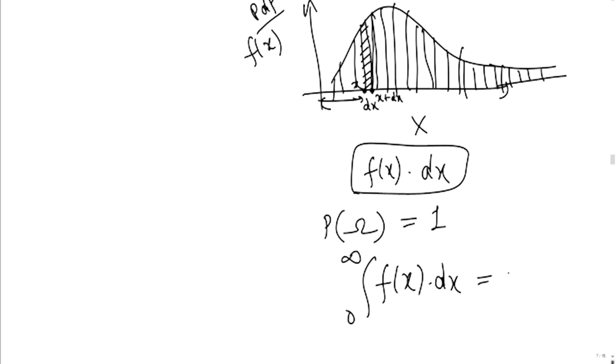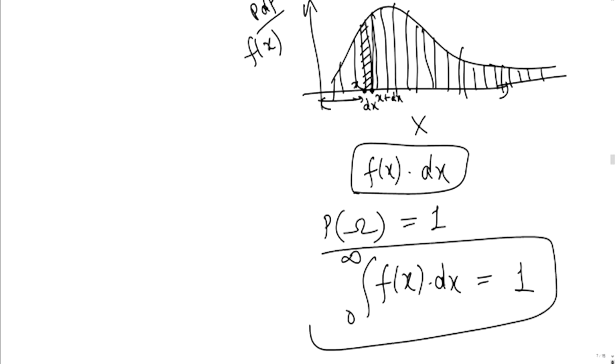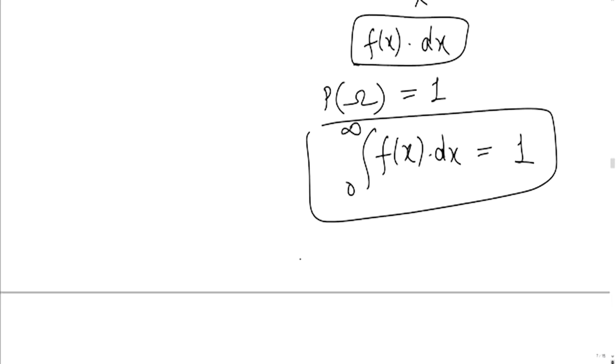This would be equal to 1, and that comes from the second axiom. So the area under this probability density curve would be equal to 1, from the second and third axiom.